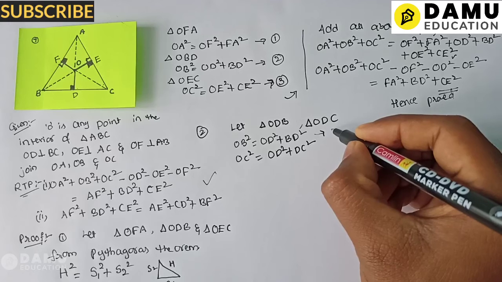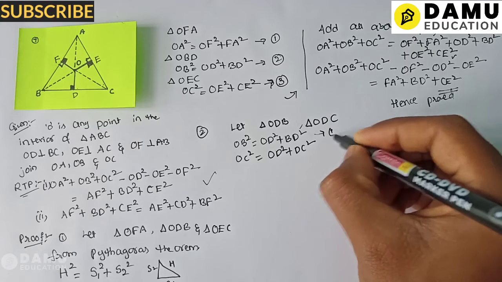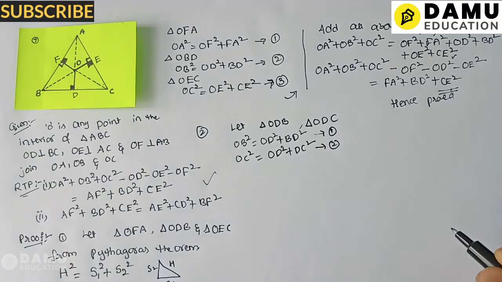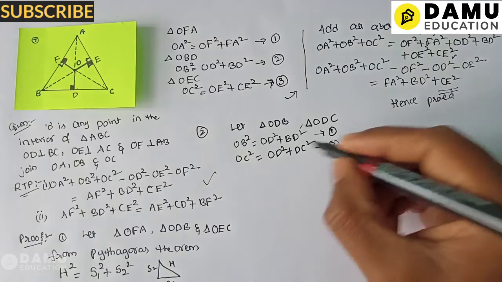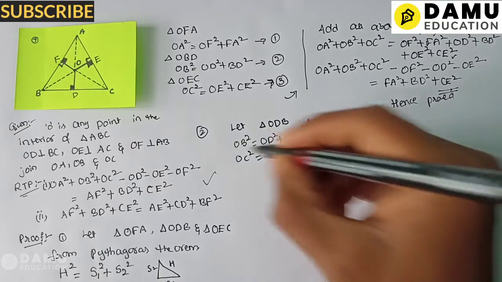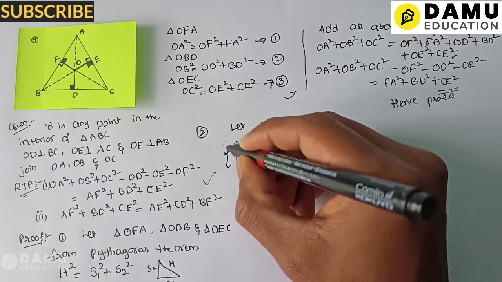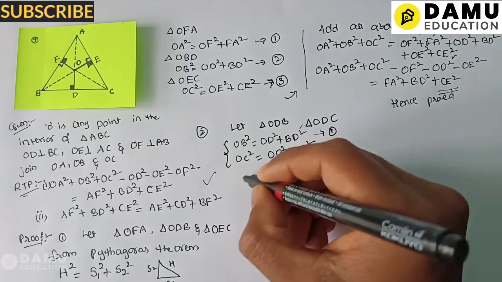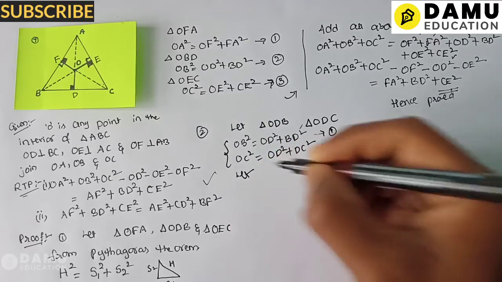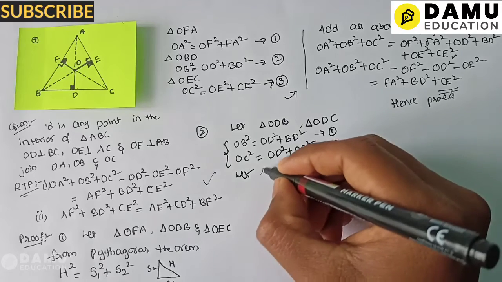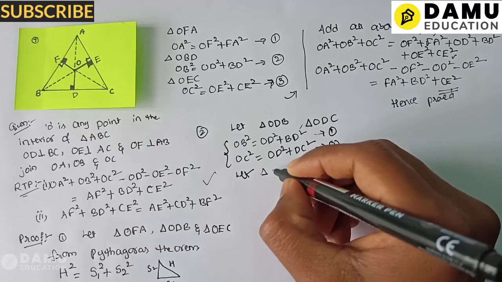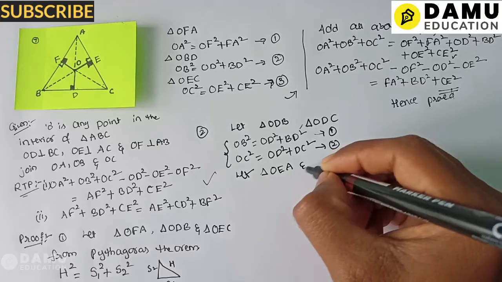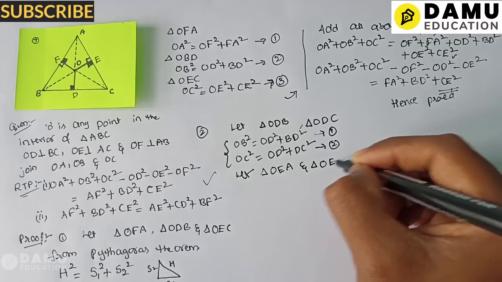So let's write it. Let's take this as the first one and this as the second one, from both the triangles. Now let's consider triangle OAE and triangle OEC.